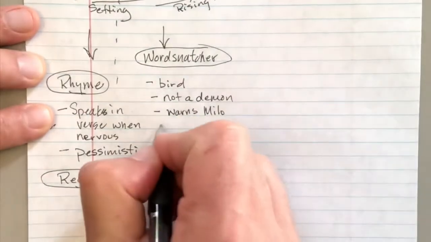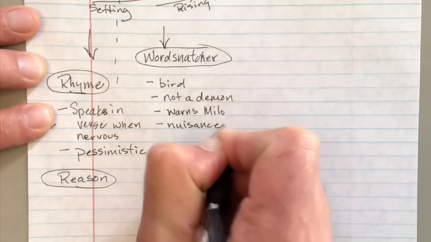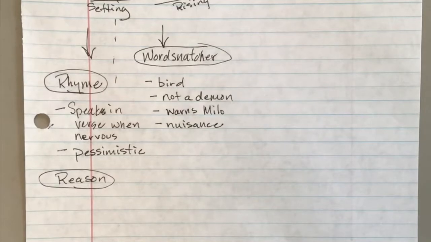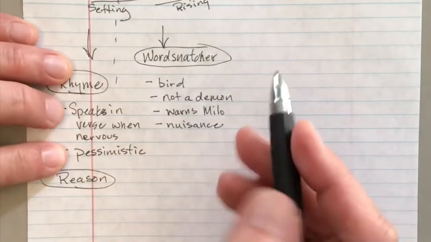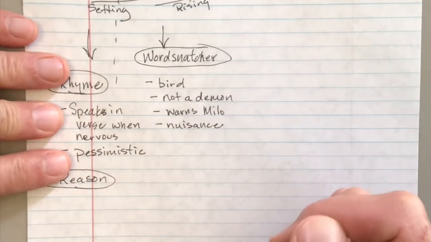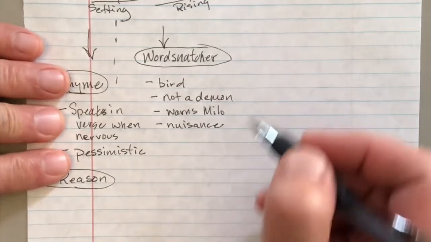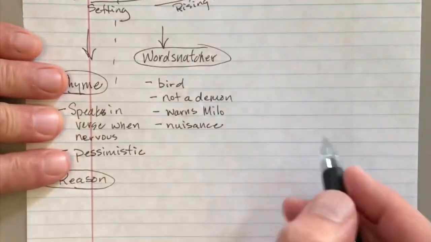And we also know that the bird is kind of a nuisance. Right, the bird says, "Oh, I'm a nuisance. I am not a demon, even though I might look malicious." Malicious is one of our words, meaning with a bad intent. The word snatcher doesn't have a bad intent, but it is kind of annoying the way it listens to each of the words and misunderstands and misinterprets them. But this is on a rising action, and this is just a character who's going to warn our main characters.